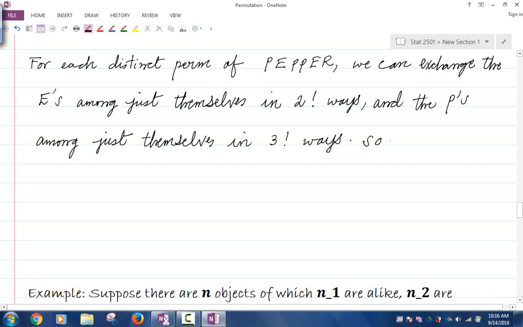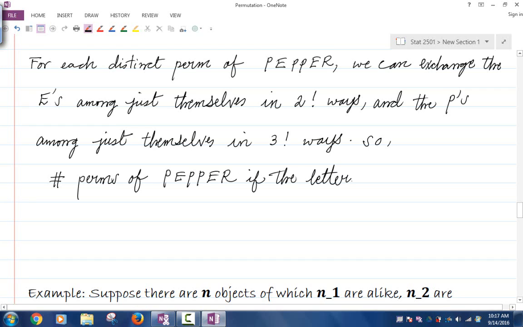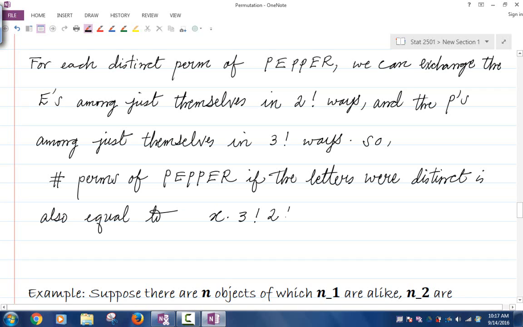So the number of permutations of the letters in pepper, if the letters were distinct, is also equal to x times 3 factorial times 2 factorial.